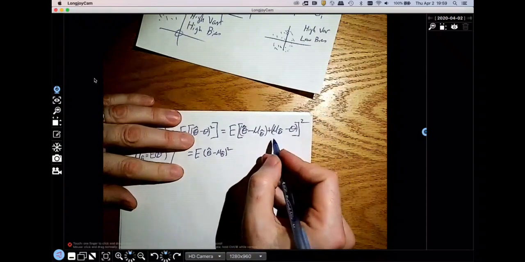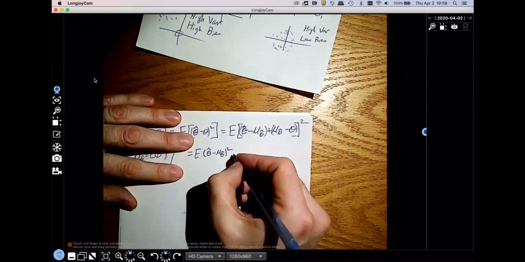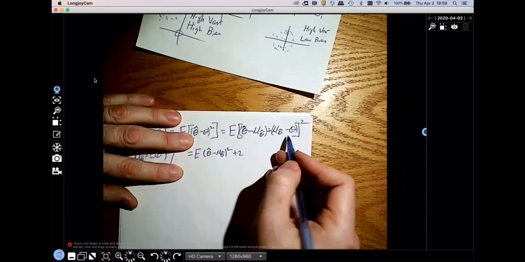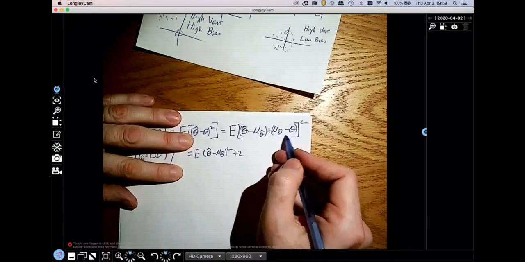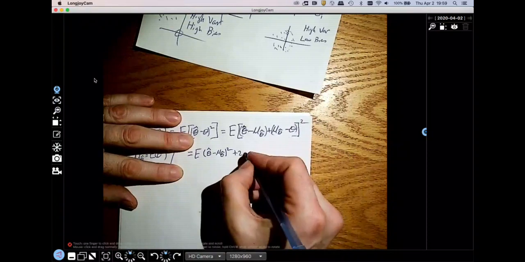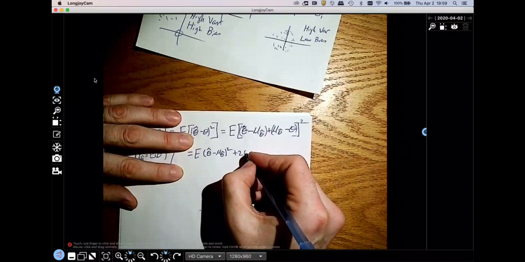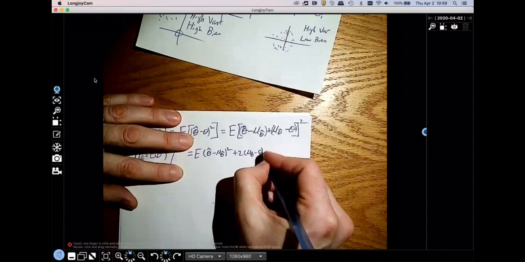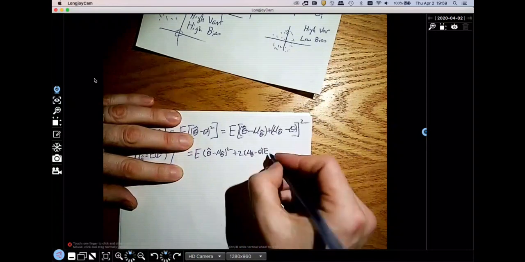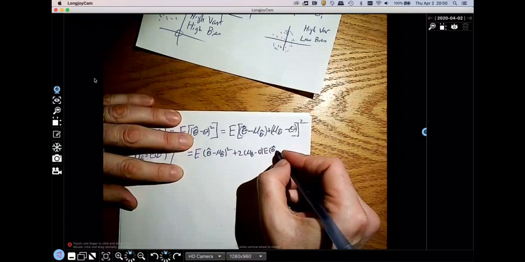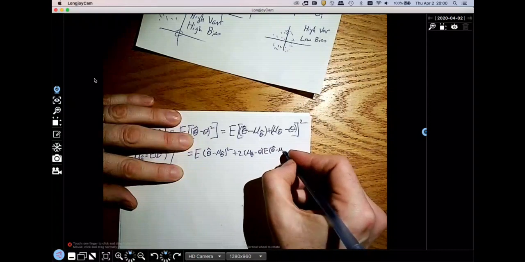Then it's going to be 2 times the product of these. Notice this right term only involves constants. So this is a constant, this is a constant. Therefore, I can just pull that out in front. So this is mu theta hat minus theta times the expected value of theta hat minus mu theta hat.